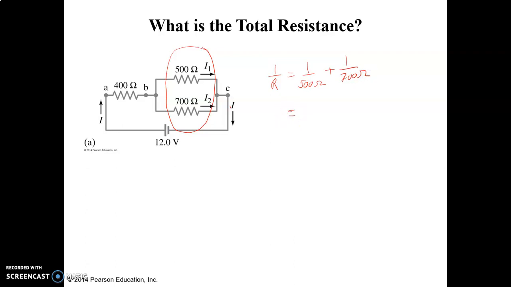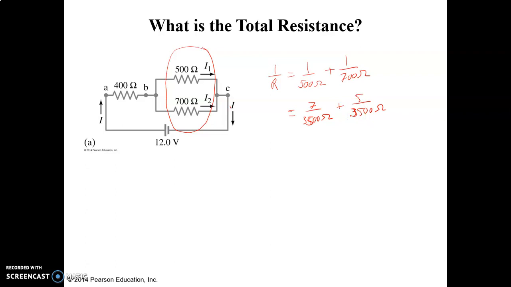Okay, so now we have to find a common factor. Well, if I multiply the first one by 7, then that's 7 over 3,500. And I'll multiply the second one by 5. That gives me a common denominator.